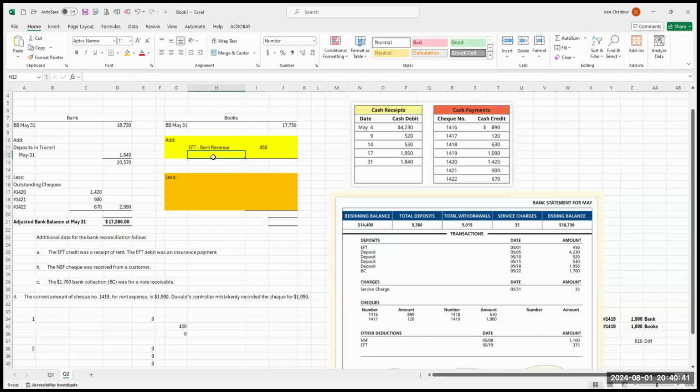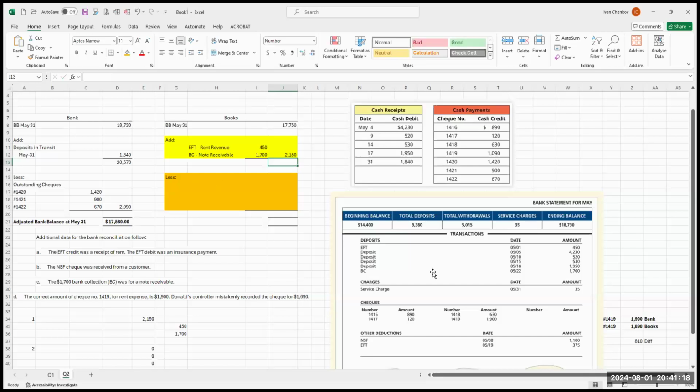Next, we see BC, a bank collection for the note receivable. The bank collected the money for us, and that money is $1,700. So the total of those two amounts is $2,150.